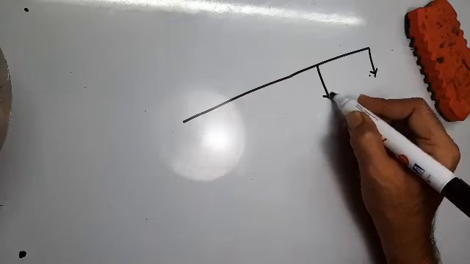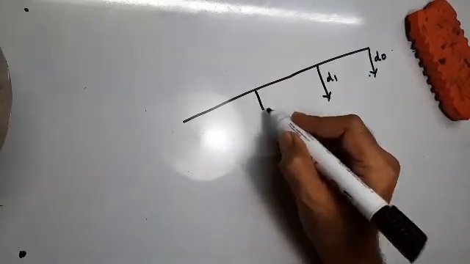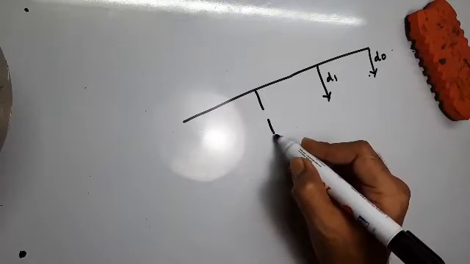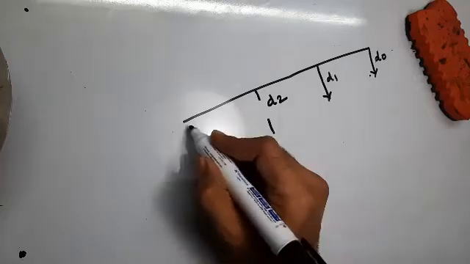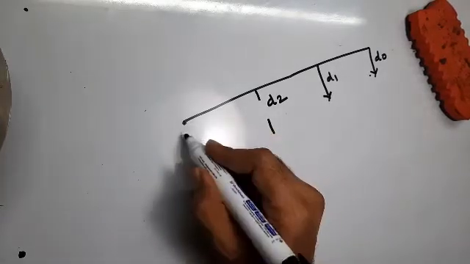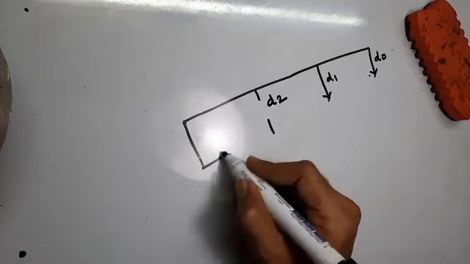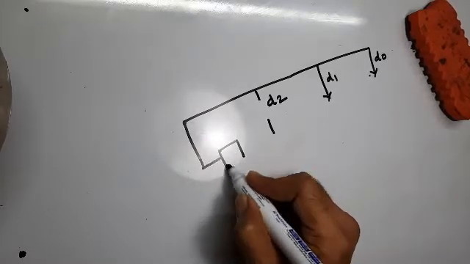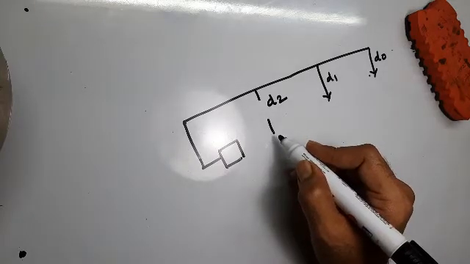This is D0, this will be my D1, and this is my D2, which is all the time 0, and this is the bit which will come from the augmented data word. So I'll do a slight modification in my whole operation.